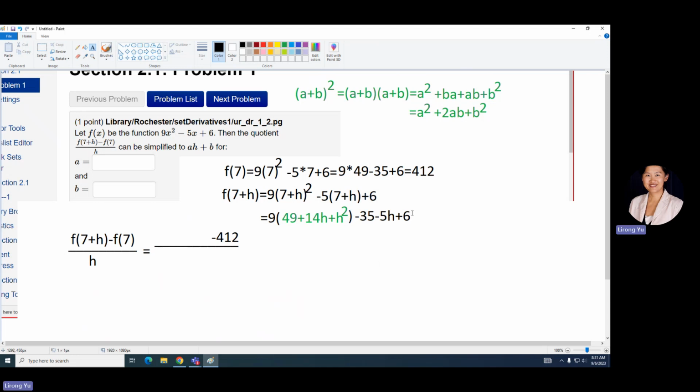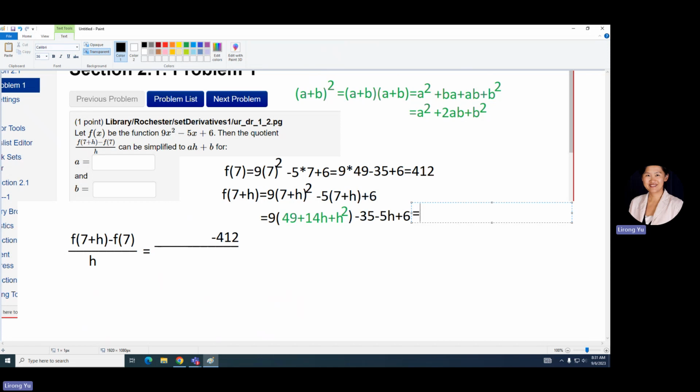All right, moving on from here, this is equal to 9 times 49 plus 9 times 14h plus 9h squared, and then minus 5 minus 5h.